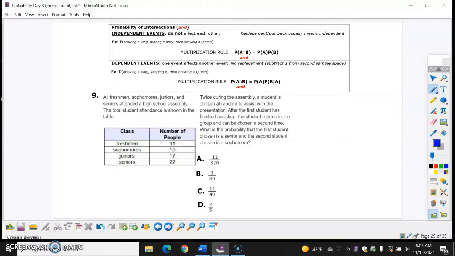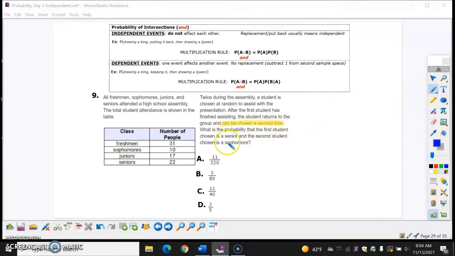Number 9, we're looking at freshmen, sophomores, juniors, and seniors. It says a student is chosen at random to assist with the presentation. The student returns to the group and can be chosen a second time. That's important because we need to figure out if that affects the probability of the second choosing.